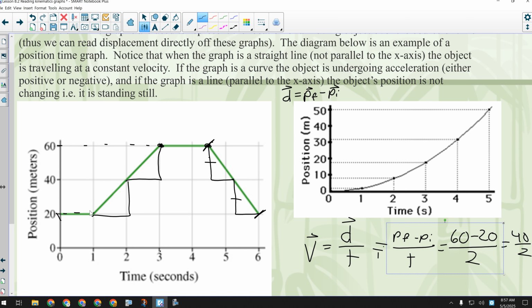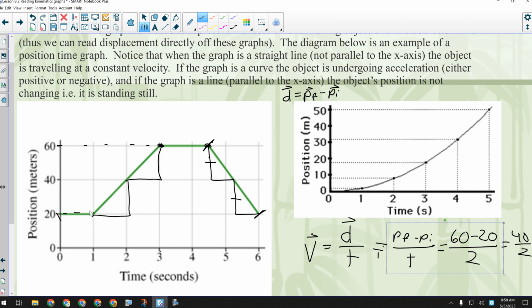Okay? So is its displacement during this time the same amount as here? Right? Here we calculated the displacement to be positive 40 meters. It went from 60 to 20.